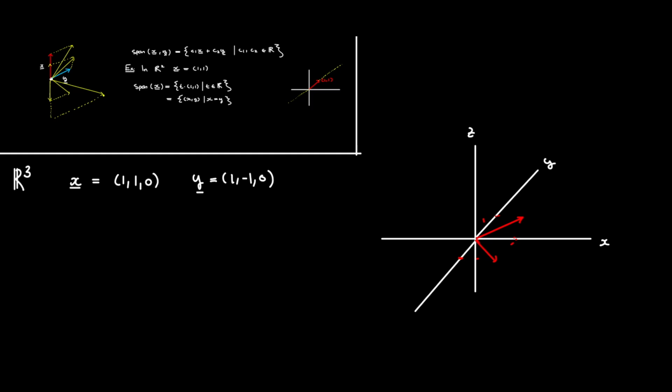Well, I'm sure you will agree, in fact, all vectors that just lie on the xy plane will be the general linear combinations of these vectors x and y. So all vectors that lie on the xy plane will be able to be formed in this way. And let's actually go ahead and prove that.